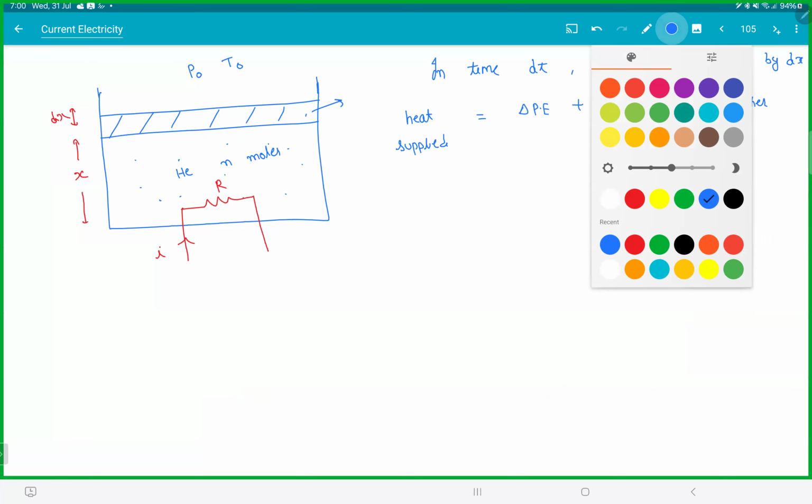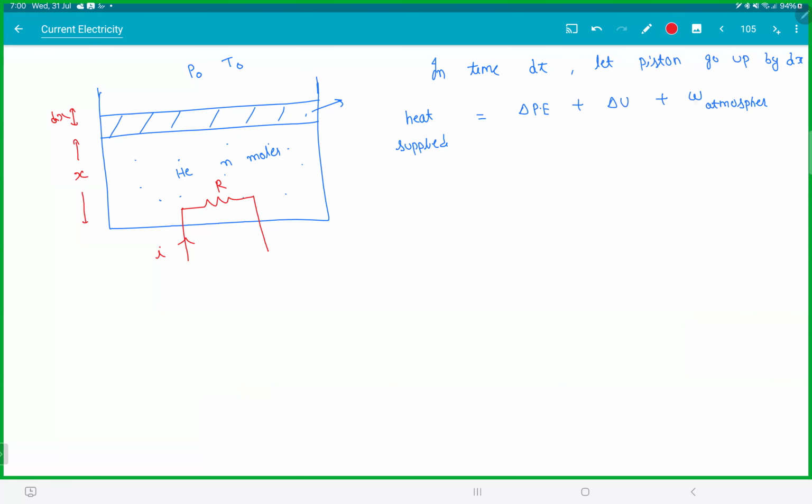Same idea here. First thing, if you take the piston here, outside the pressure is P naught into area. It's massless, so P gas into area. I agree it is accelerating, but mass is 0.